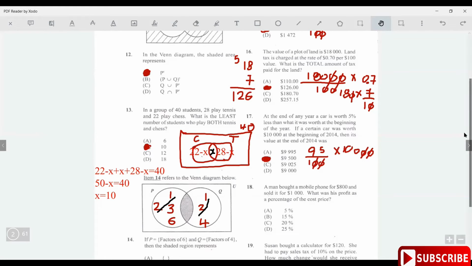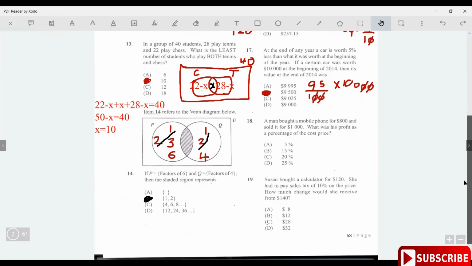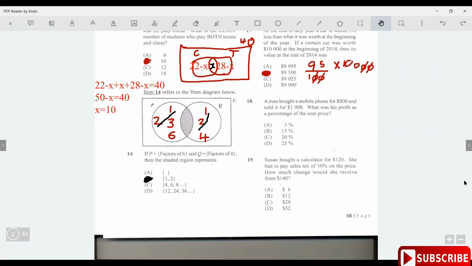Easy question. Question 18. A man bought a mobile phone for $800 and sold it for $1,000. What a wicked man. What was his profit as a percentage of the cost price? Now he bought the phone for $800. So if he sold it for $1,000, that means he made $200 in profit.